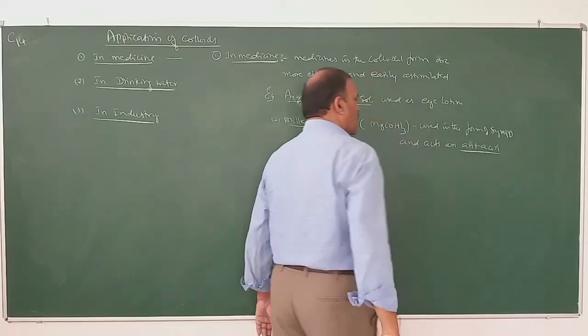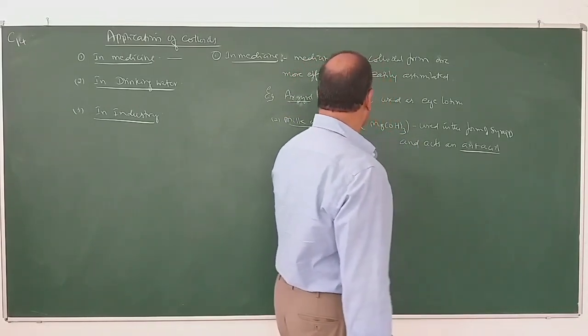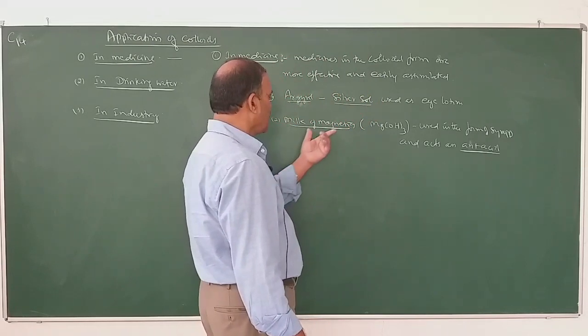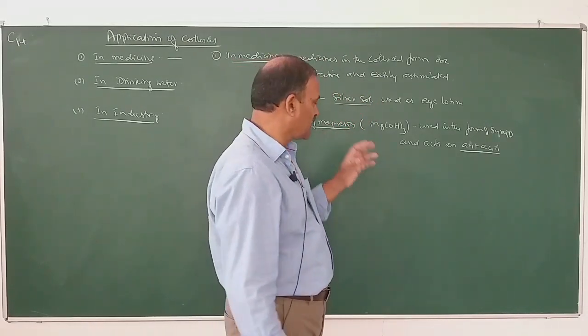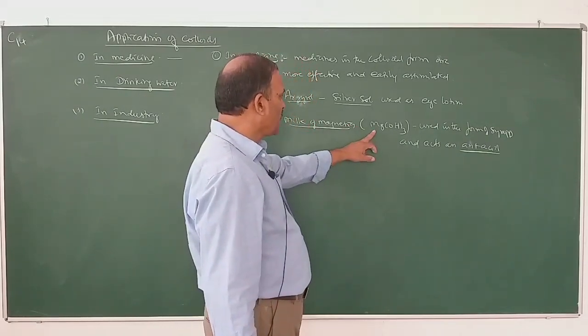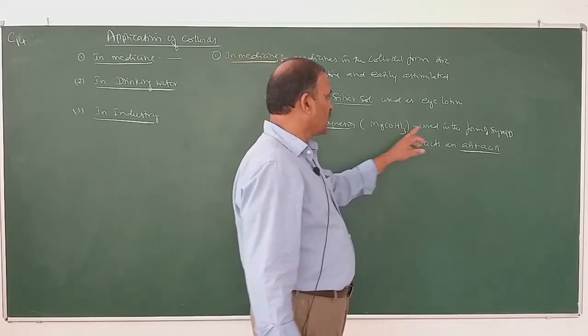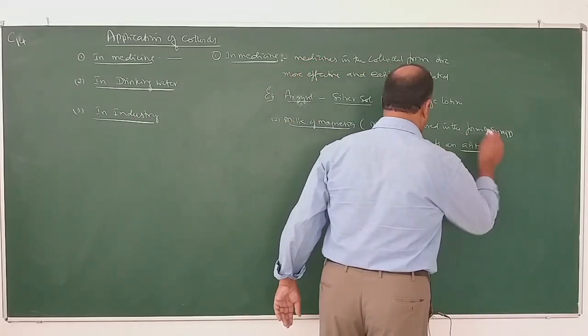So persons suffering from severe acidity will take these syrups, milk of magnesia, namely Gelusil syrup, Digene syrups. They contain magnesium hydroxide. It is in the syrup form and acts as antacid.